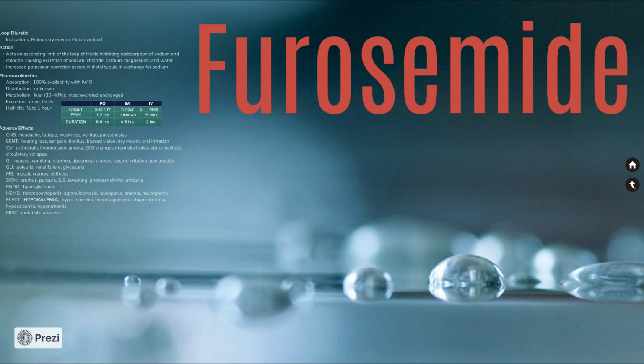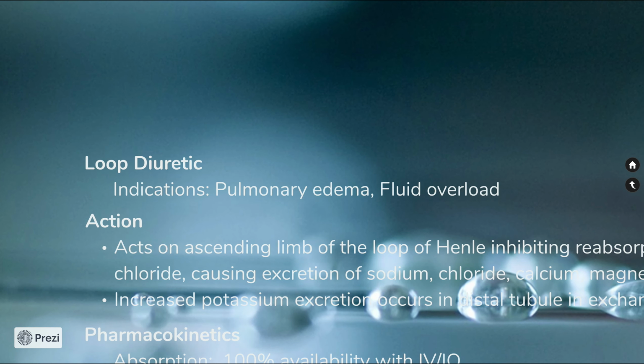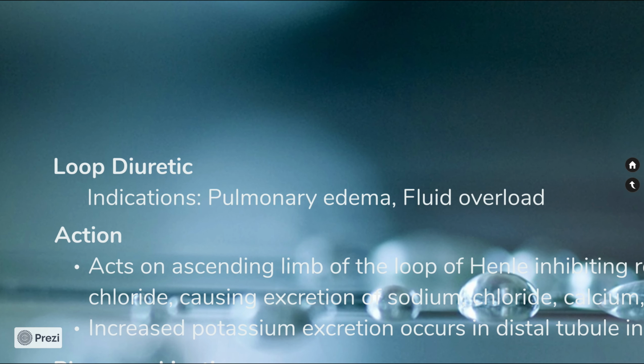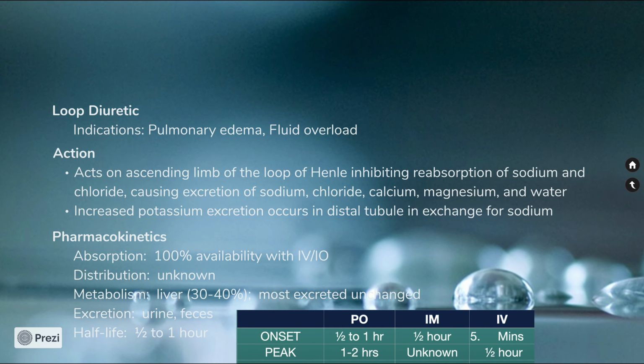Another molecule that has wide application in the emergency setting is furosemide, a diuretic. This is a loop diuretic and is primarily indicated for pulmonary edema or fluid overload. It acts on the ascending limb of the loop of Henle, inhibiting reabsorption of sodium and chloride. So, where sodium goes, water follows.